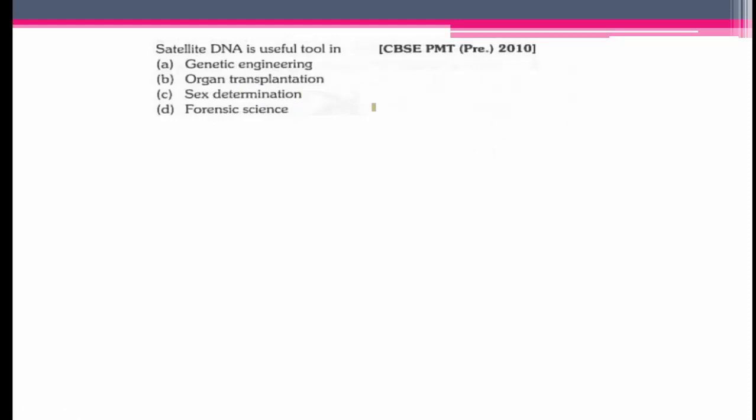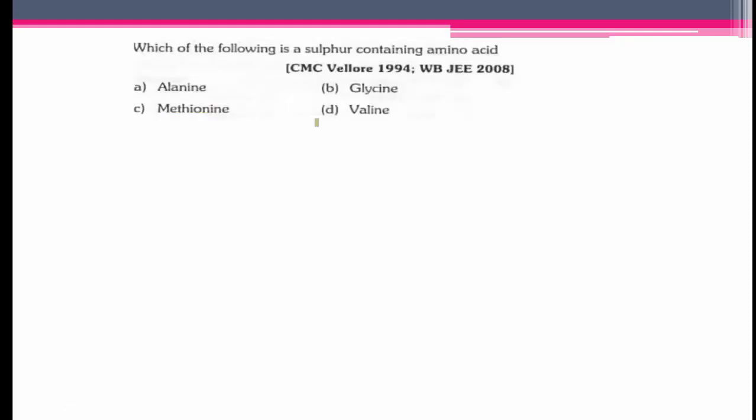Satellite DNA is a useful tool in forensic science to identify the criminal or the cause of death. Forensic science uses satellite DNA.